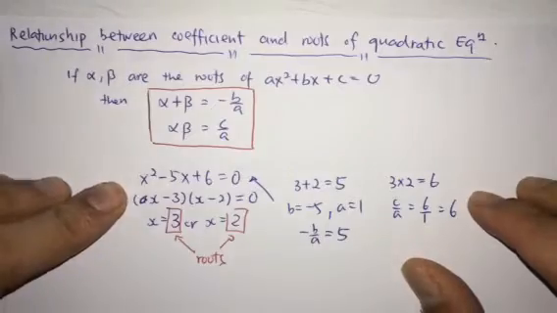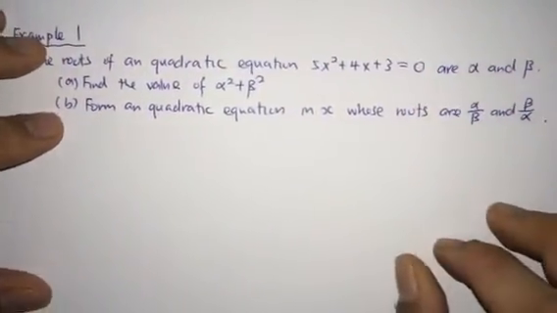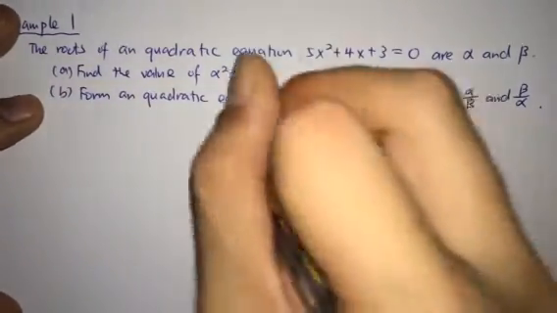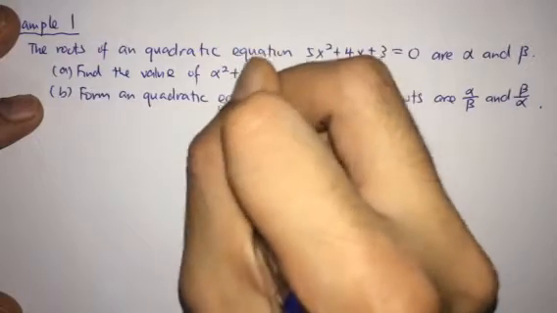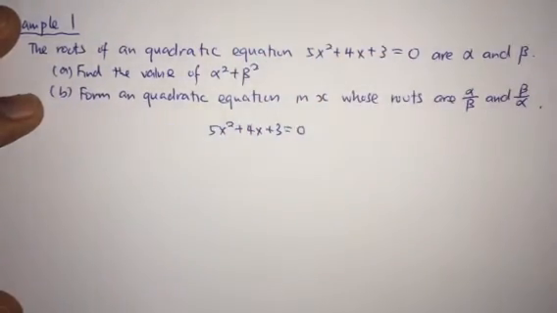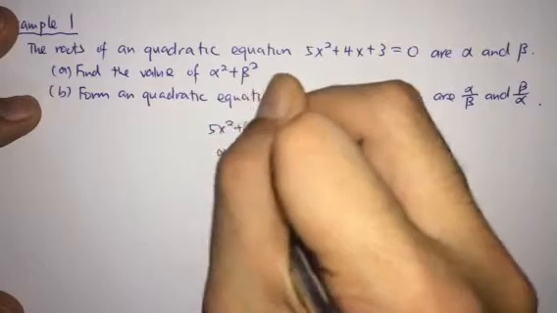Okay, now let us take a look at some basic examples that we see in this topic. Example 1. We are given this quadratic equation, 5x squared plus 4x plus 3 equals 0. The first thing that you always do in an alpha beta question is to write down the sum of roots.